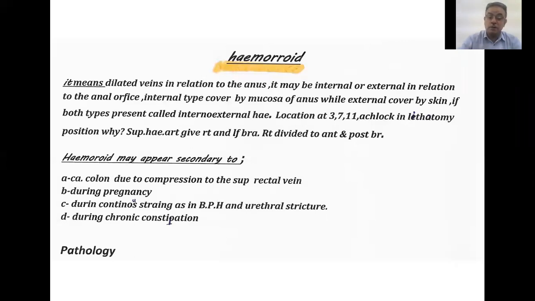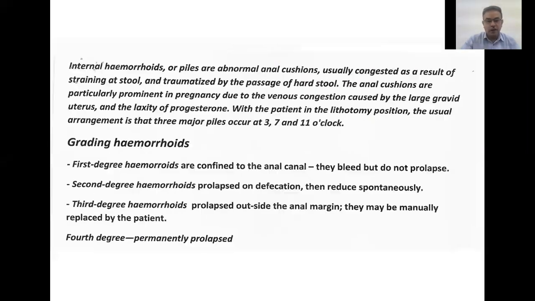So these are the etiological factors of hemorrhoids. We ask why the patient developed hemorrhoids; it may be the first symptom and sign of cancer of the colon or rectum, or due to pregnancy, or continuous straining in benign prostatic hyperplasia and urethral stricture, or chronic constipation. Regarding the pathology of hemorrhoids, internal hemorrhoids or piles are abnormal anal cushions.